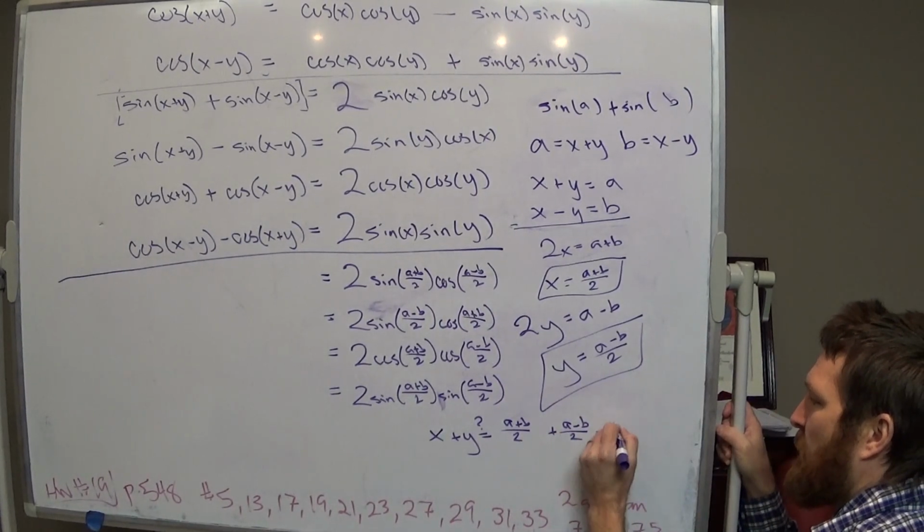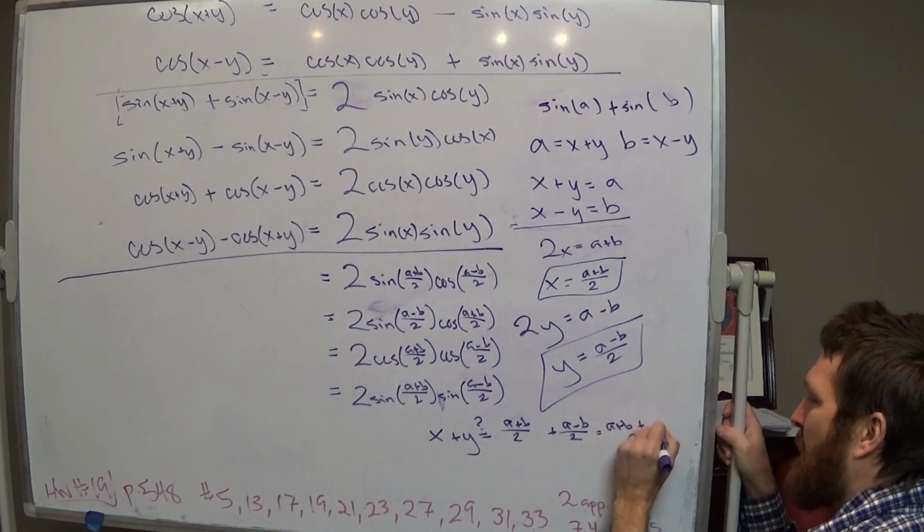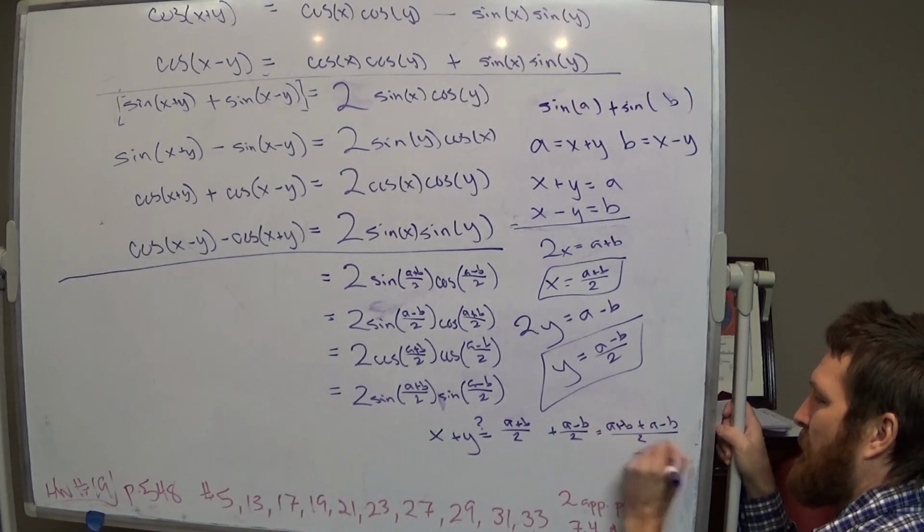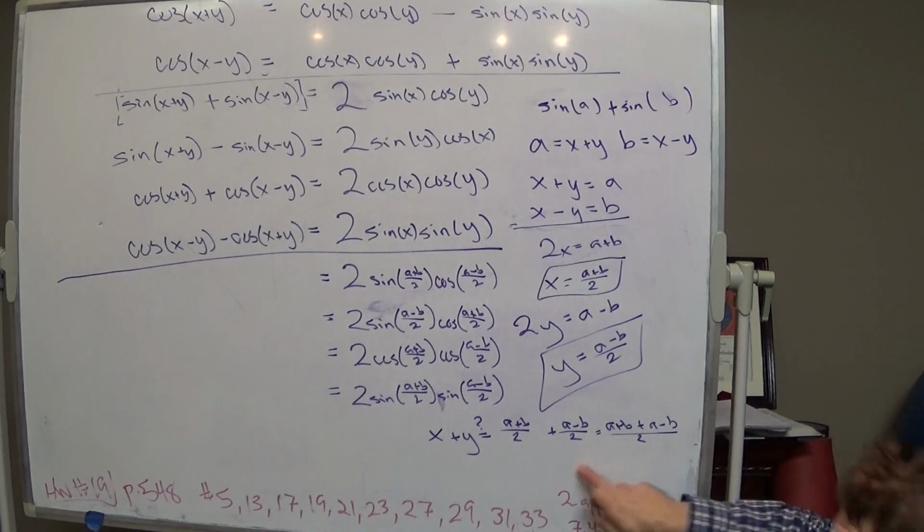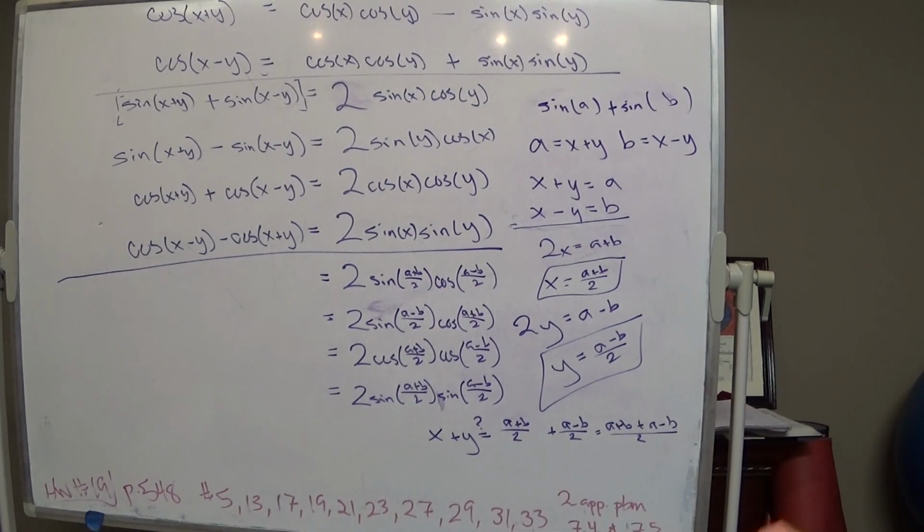Well, it's all over 2, so we have a plus b plus a minus b all over 2. Common denominator. The b's are gone, and I have 2 a's over 2. The 2's are gone, and we're just left with an a.